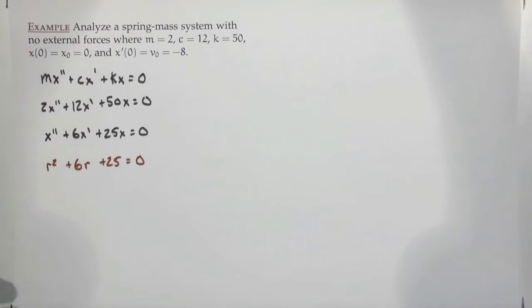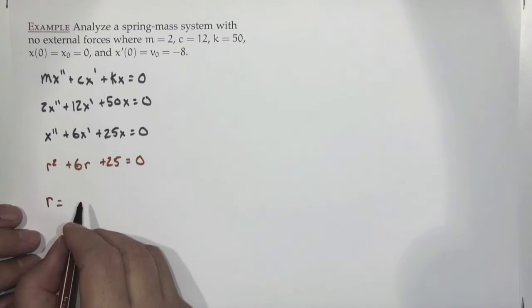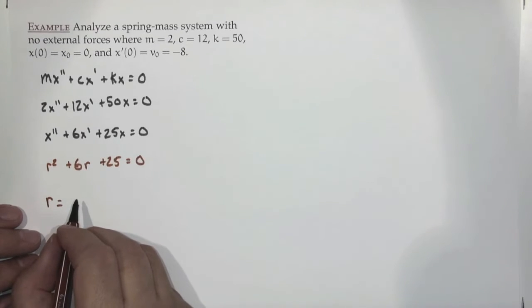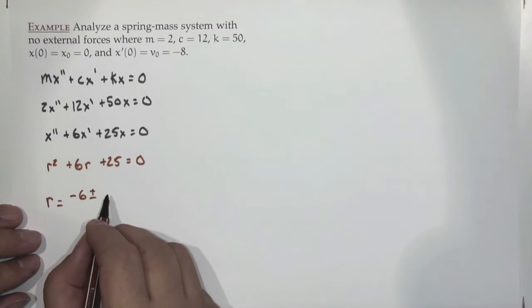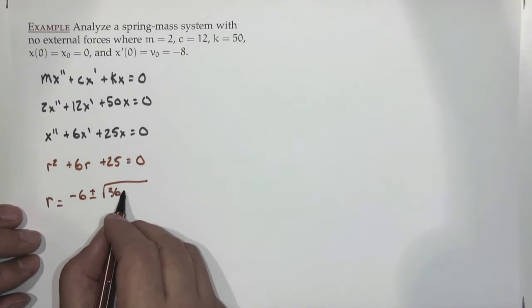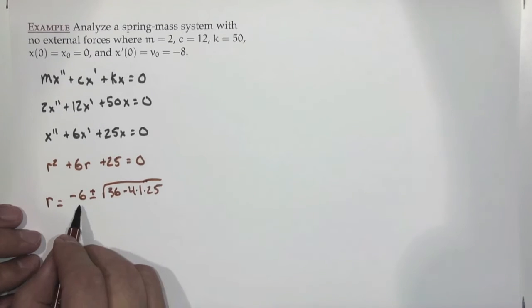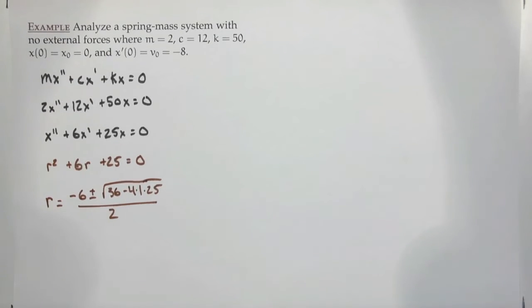Yeah, quadratic formula. All right. So r equals, how does it go? Negative b plus or minus the square root of b squared minus 4ac, all over 2a. You guys are good. Okay.